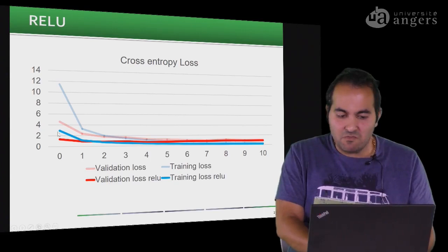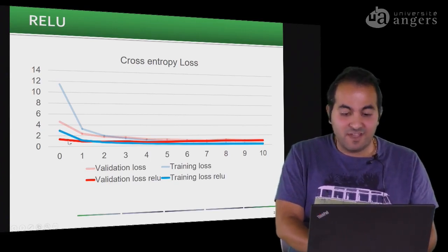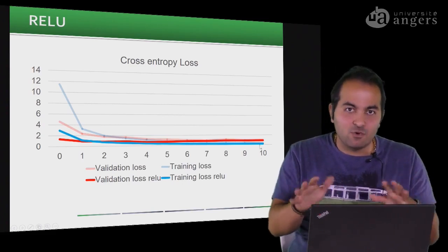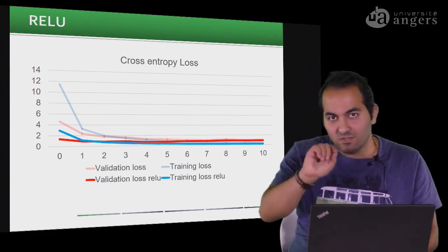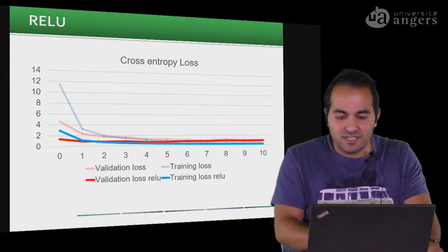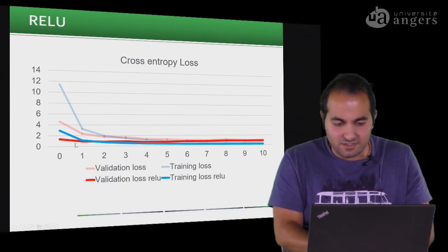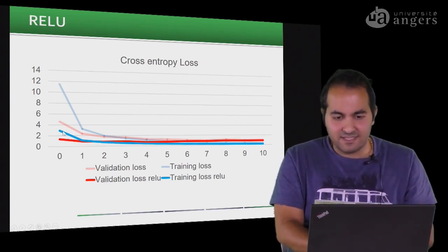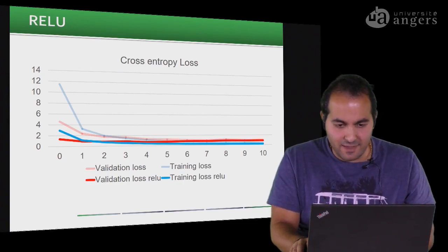You can see it's much faster, although at the end they will be almost equal. If you go into more detail, you see that it's not exactly equal, but it's close to each other. But we start from less error, or less loss.